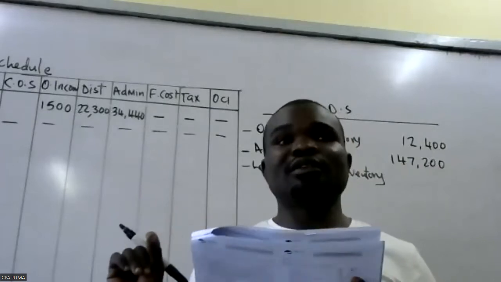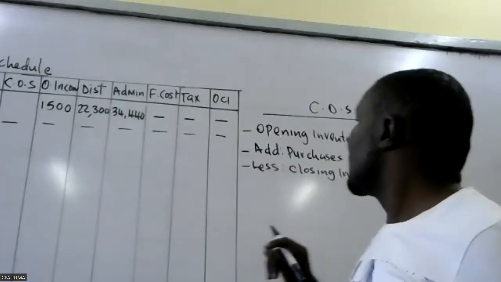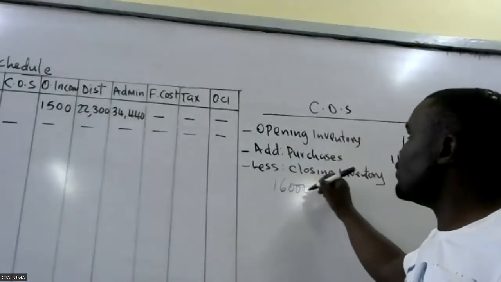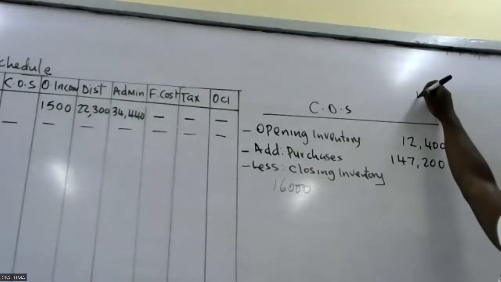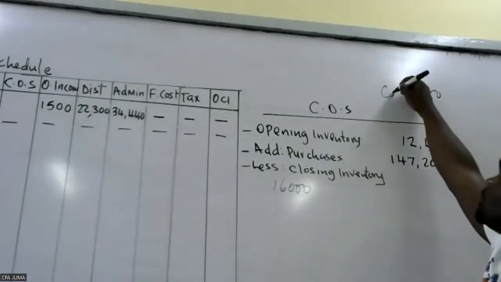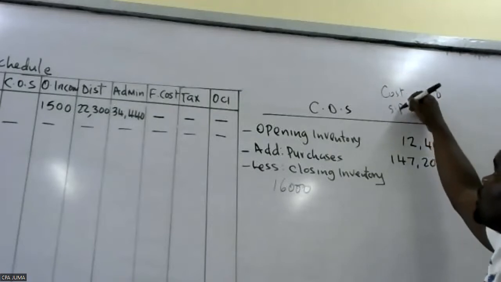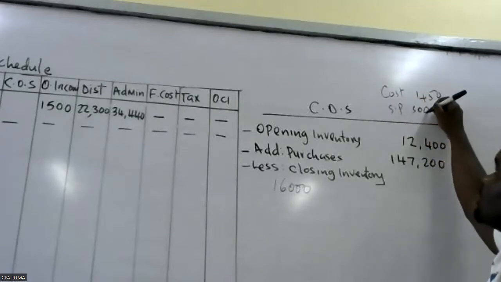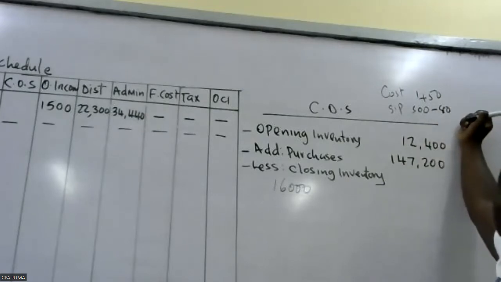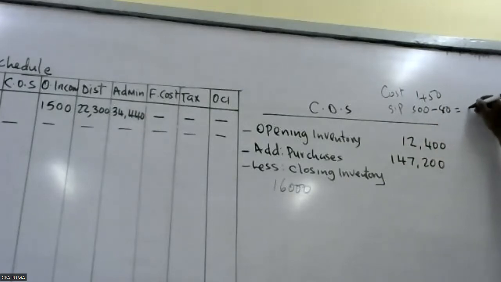Those two are very relevant for us because they are saying inside this 16, there is a stock with a cost of how much? 450. Cost. If we sell this stock, we will sell it for how much? 500, but we will incur selling cost of how much? 80. So it means the net selling price will be 420.